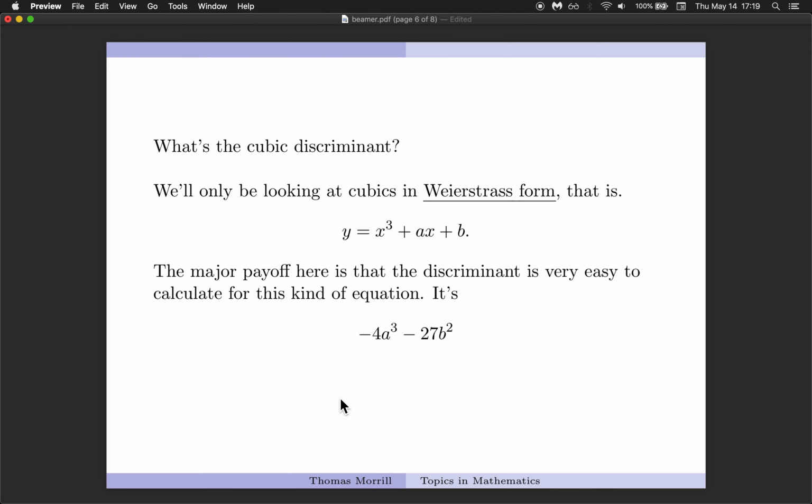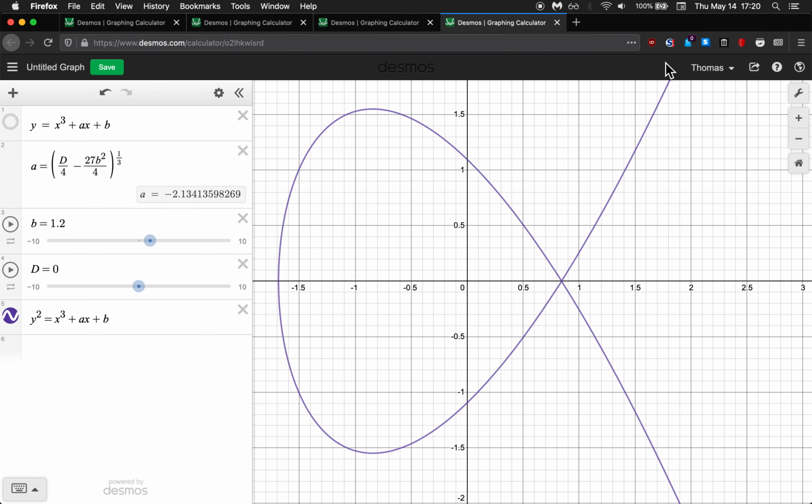So if this is 0, we have a possibility of self-intersection. Sometimes that self-intersection will be shunted off into imaginary land and we can pretend like it doesn't exist. And other times we will see that self-intersection directly here on the real xy plane.